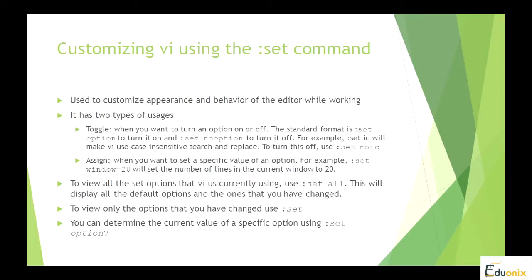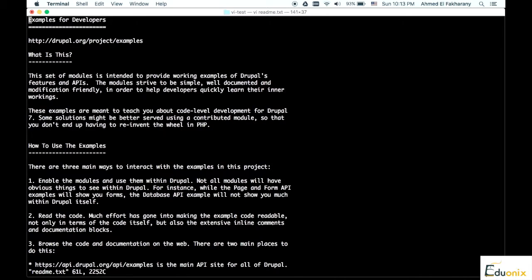So for example, maybe you want to search for something. Let's have a look at our example file. Let's say we want to search for "what", but we don't want to search case sensitively. If I search for "what" like this, it did not match this word at the start of the line. It has a capital letter, and we are searching for "what" with small caps, so it won't match.